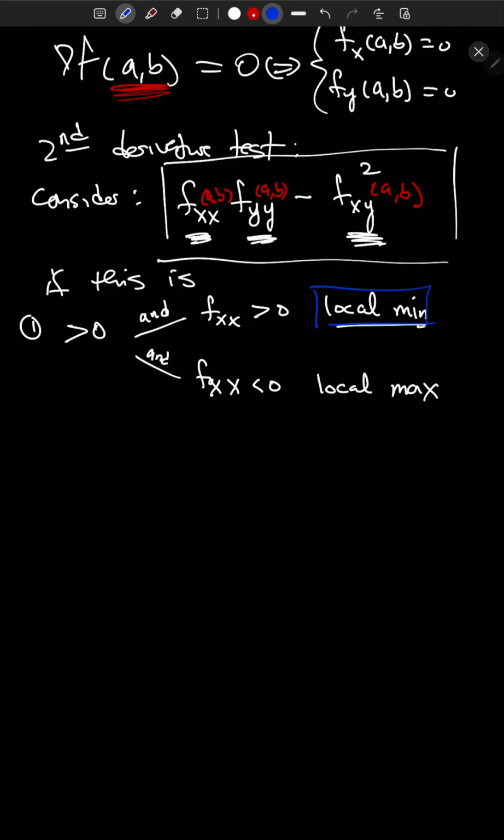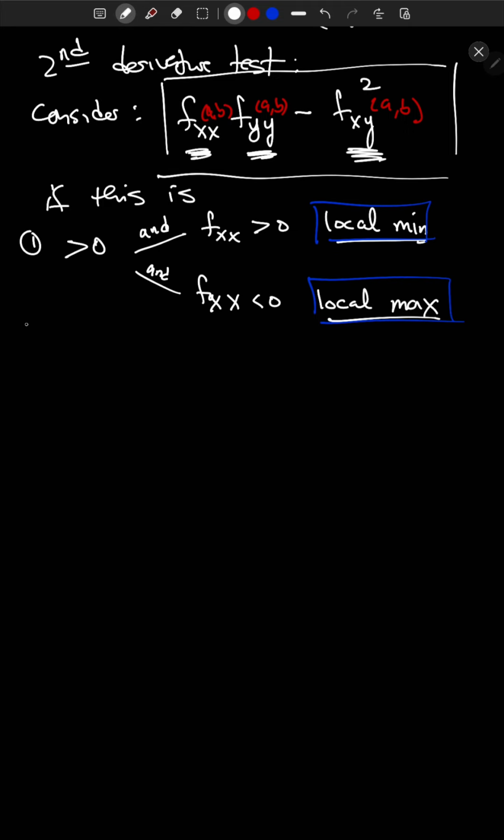If this quantity is bigger than 0 and f_xx is less than 0, then you have a local max. Number 2, and we'll talk about some of the issues here. If this special quantity is less than 0, this is a saddle point. In terms of the picture, in some directions it's going upwards, but in other directions it's going down.